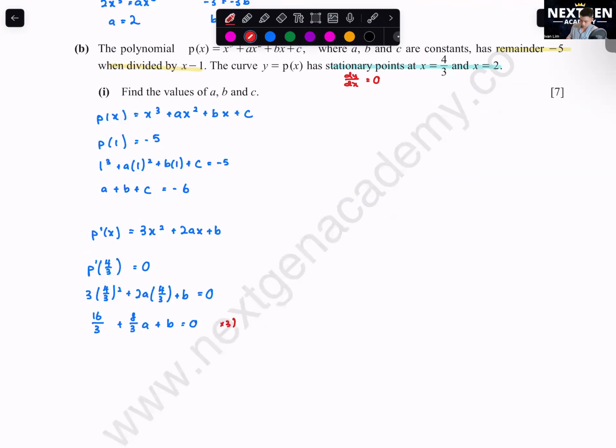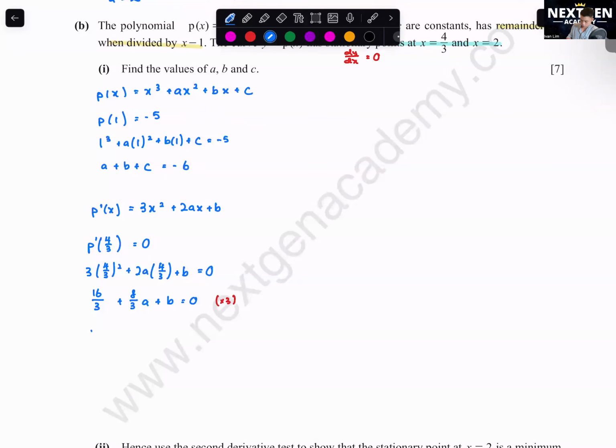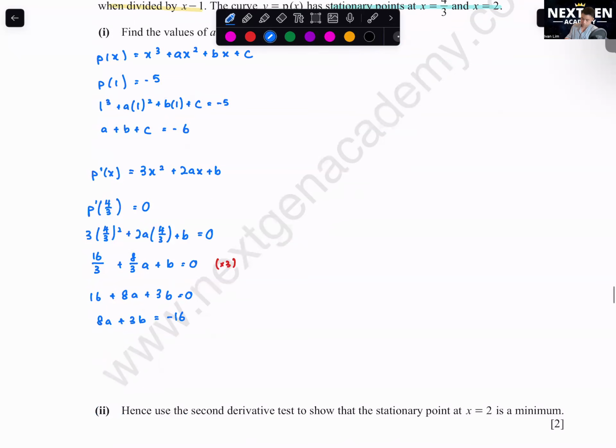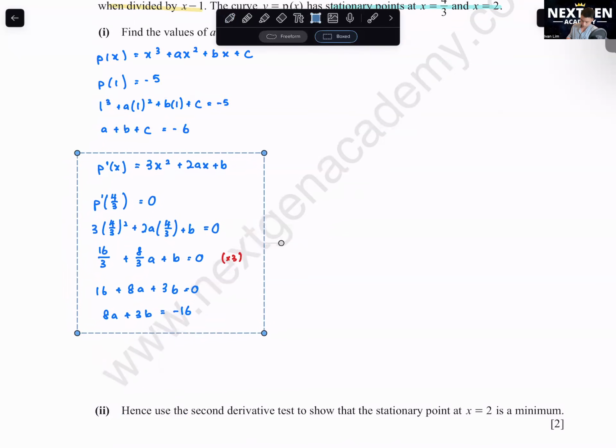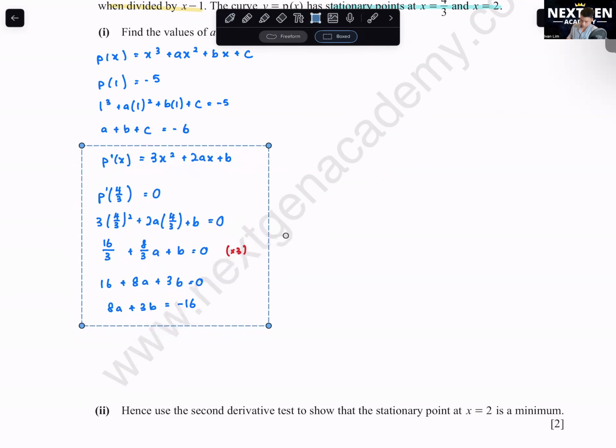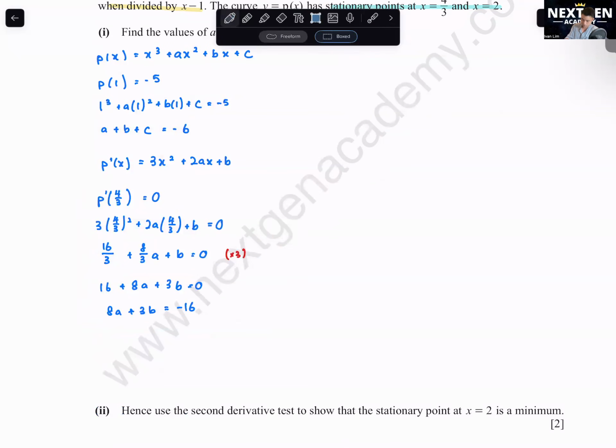Multiply this whole thing by 3: 16 plus 8a plus 3b equals 0. I'll rewrite it as 8a plus 3b equals -16. Okay, so this one is the stationary point.